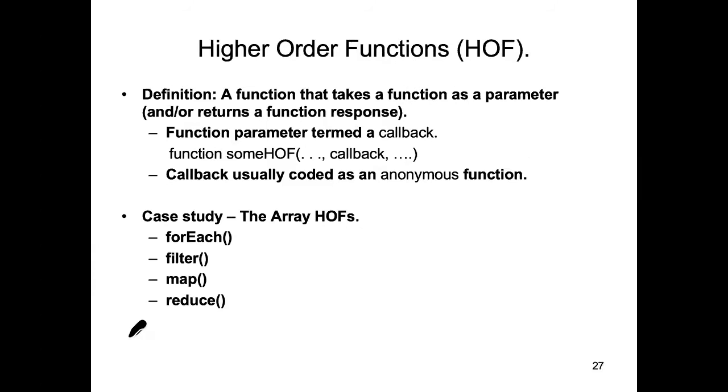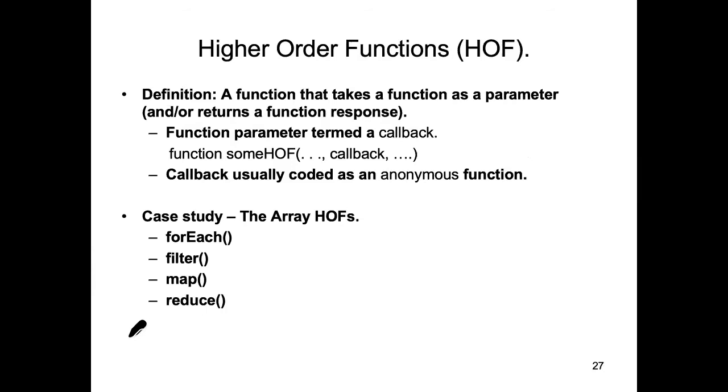Now let's move on to something called higher order functions, which is something that is very important and something that we see an awful lot in our code, both in the React side and in the second half of the module on the Node side. So my definition there of a higher order function is a function that takes another function as a parameter. We've seen one example of it already, actually.